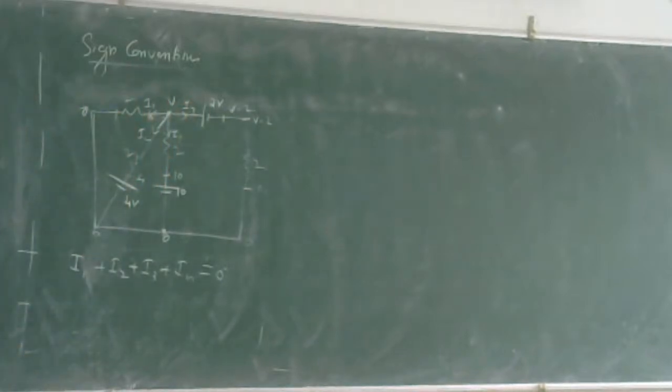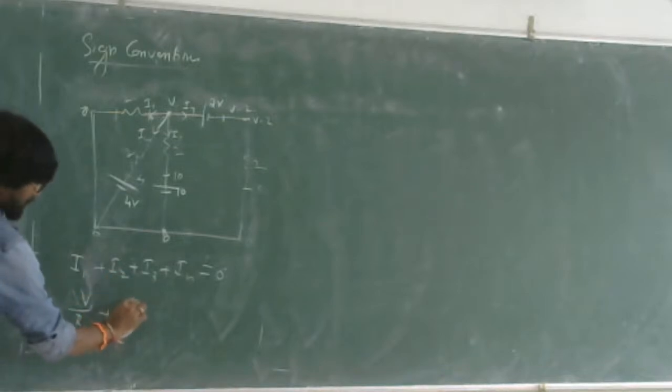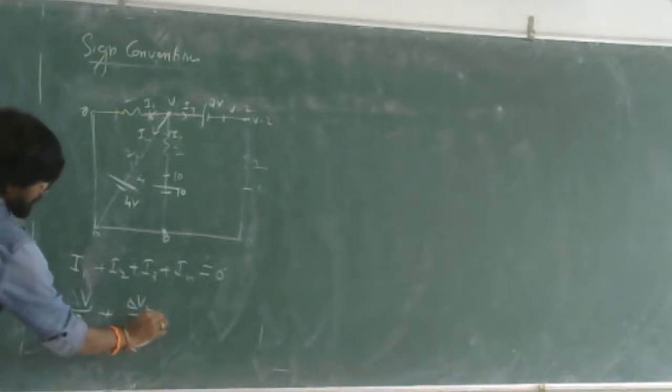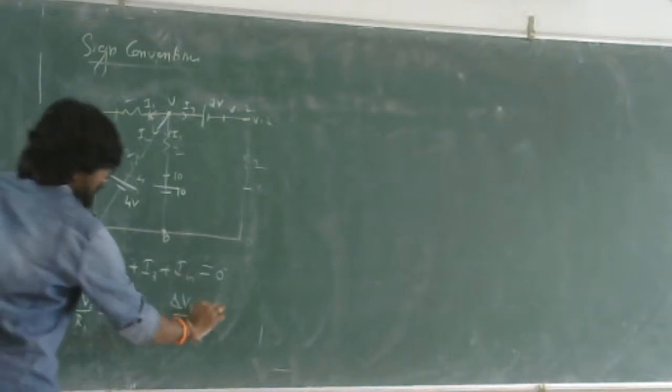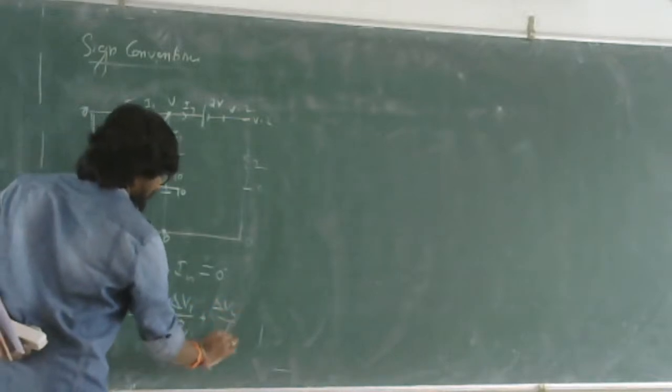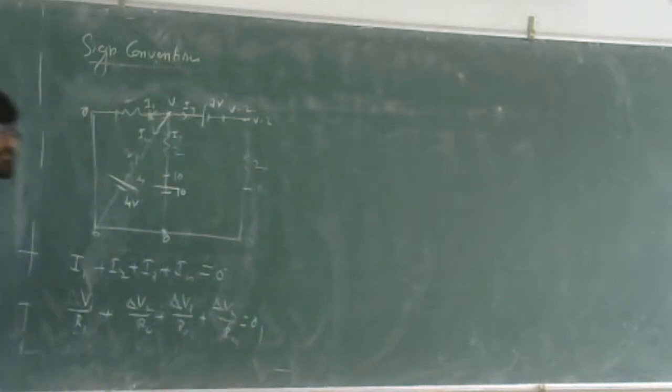So for that purpose, let us try to make use of Kirchhoff's current law. According to this, the current across the first resistor, delta I1 equals delta V1 by R1, plus delta V2 by R2, plus delta V3 by R3, plus delta V4 by R4, is equal to 0.